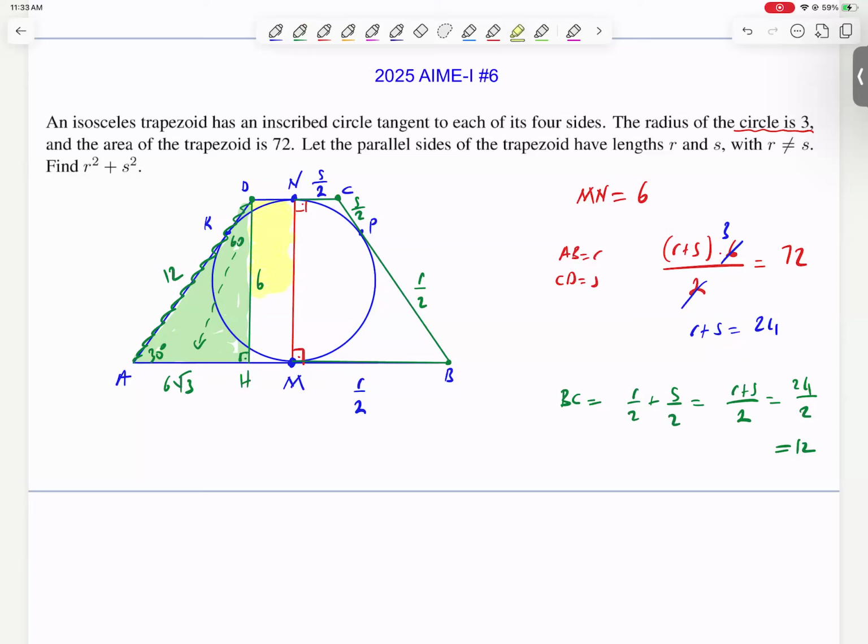Now let's use this rectangle. Also, we can write AH in terms of r and s. DN is also s divided by 2. HM is also equal to s over 2. Then AH is equal to AM minus HM.